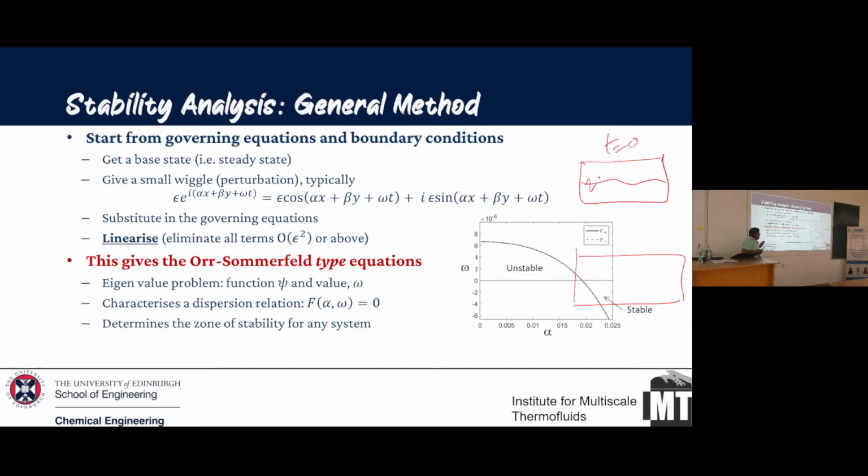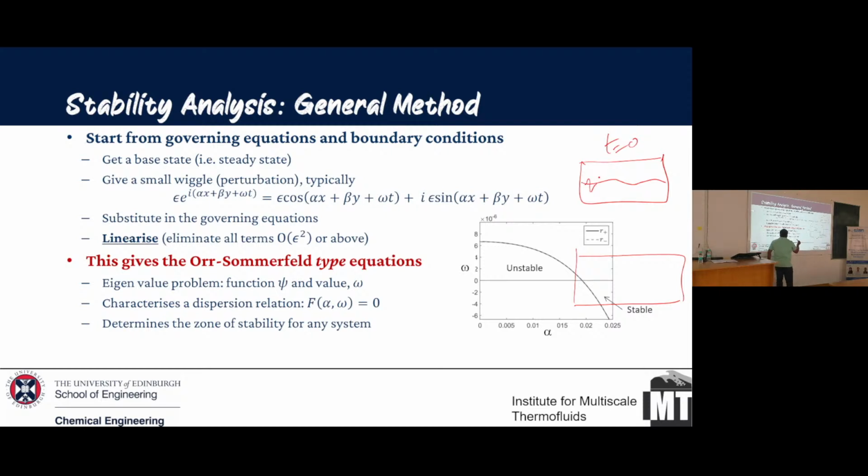Okay? And again, as I mentioned, it won't give you any answer. It tells you whether your system is stable or unstable. That's it. And the way it tells you is, it's an eigenvalue problem. It tells you the growth rate with respect to some wavelength. Okay, this is the growth rate with respect to wavelength.